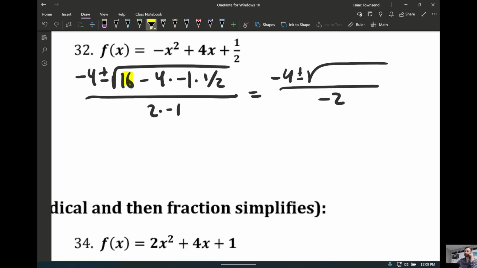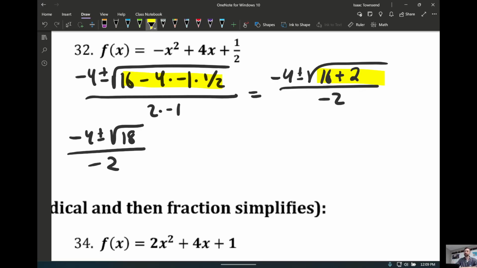But this I'm going to slow down quite a bit on. In fact, I'm going to make one extra step here because I'm afraid I'll mess this up too. This would be 4, okay, a negative times a positive times a negative times a positive. It's going to be positive. 4 times 1 would be 4. Timesing by half is the same as dividing by 2. So that comes out to be 2, which means the discriminant was 18.